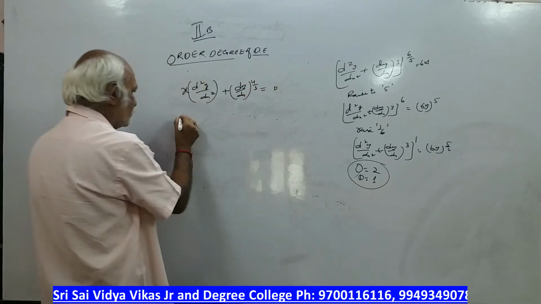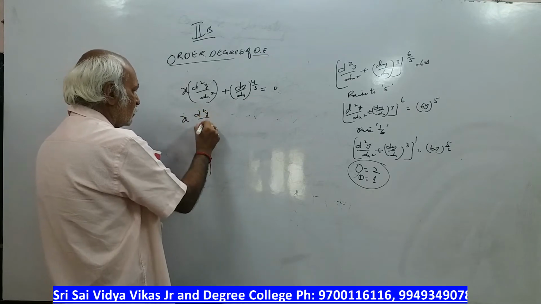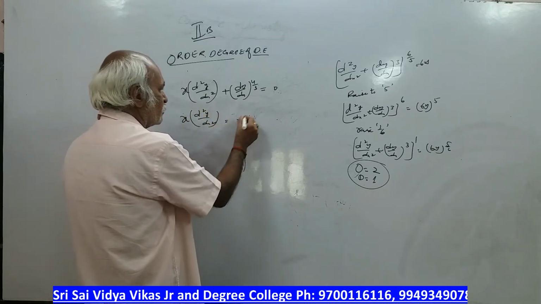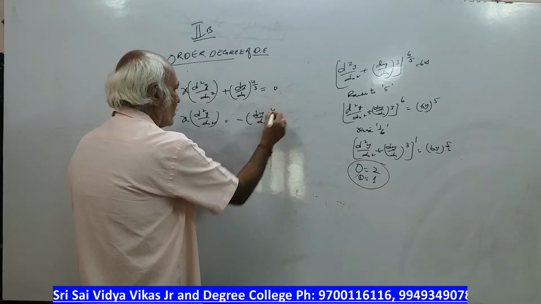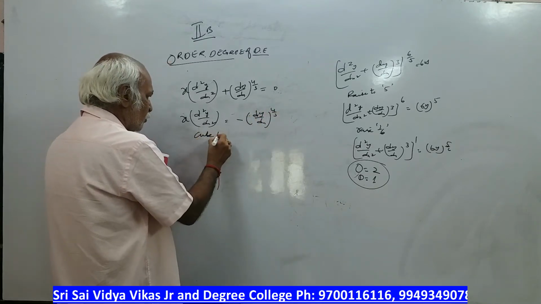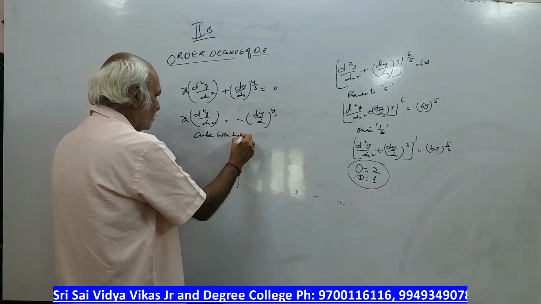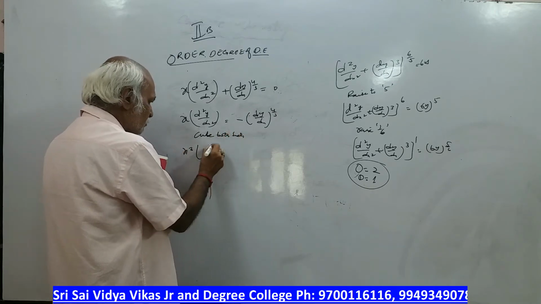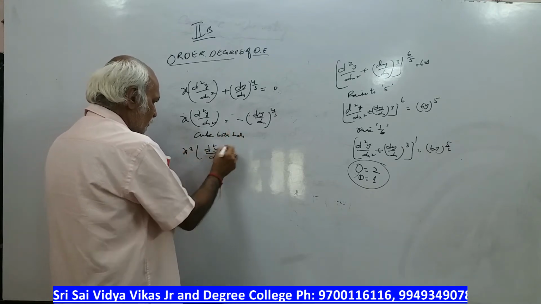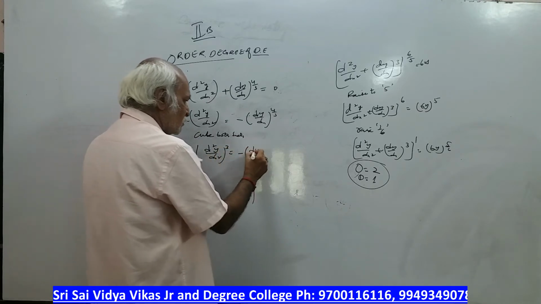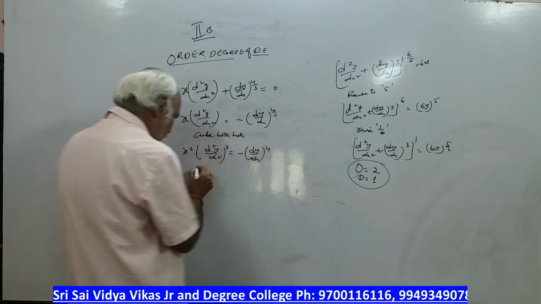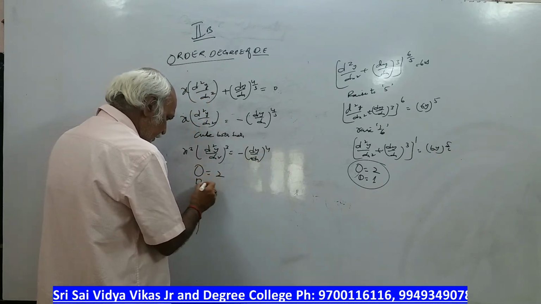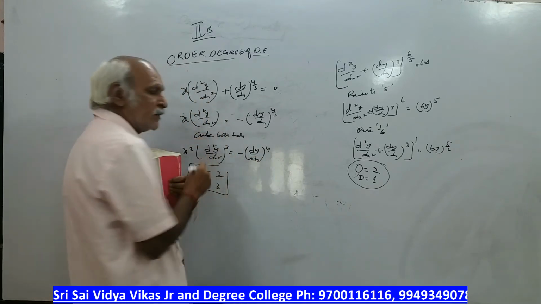So first what we'll do is equal to minus of 4 by 3. Cube both the sides. So x cube whole is equal to 4 raised to 4. So what is the order? 2. Degree 3, sir.